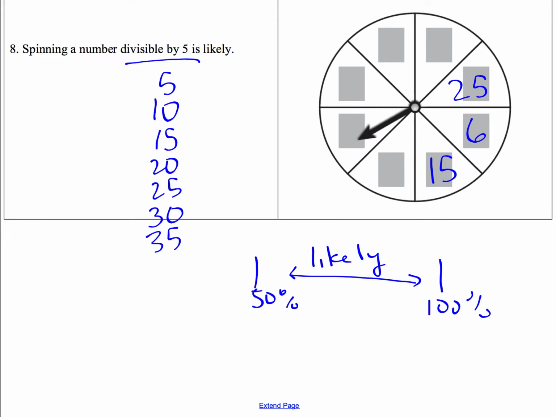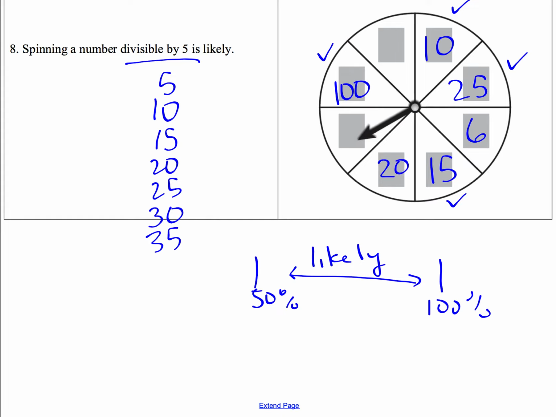So throwing some of these in here, we need to have at least half of them be multiples of 5. Oh, 6 isn't a multiple of 5, but I can get more multiples of 5 here. Let's go with 10, 100. How many multiples of 5 do we have so far? There's 1, 2, 3, 4. So we need at least 5 for it to be likely, rather than equally likely or unlikely. Let's make this one 20.